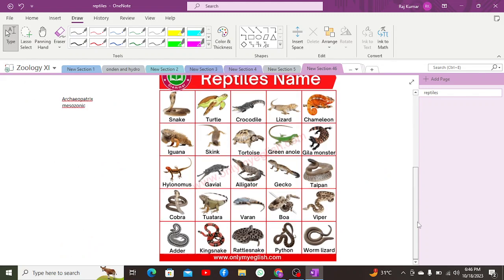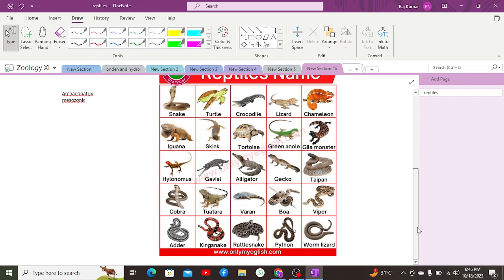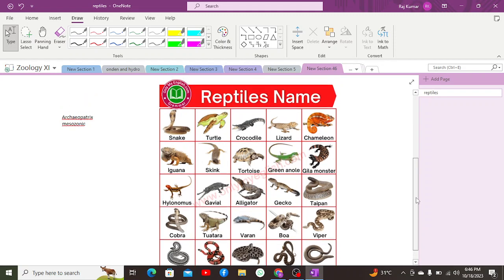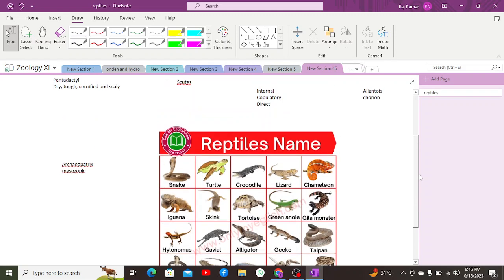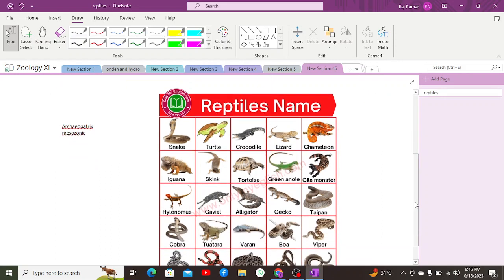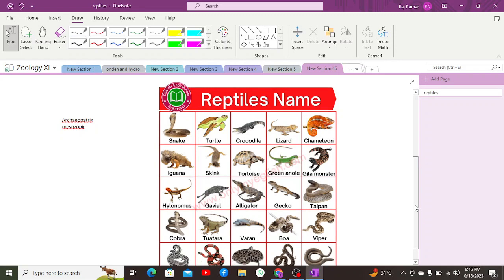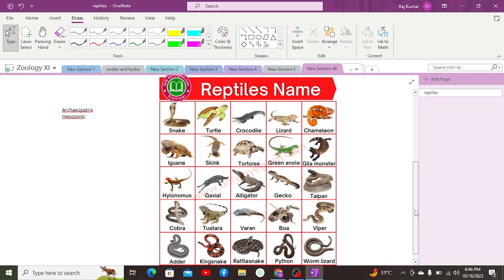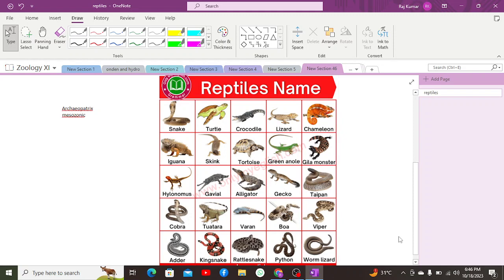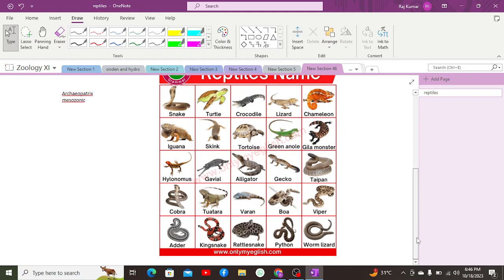For viper, it's Vipera; crocodile, Crocodilus; wall lizard, Hemidactylus; turtle, Chelone; tree lizard, Chamaeleon; tortoise, Testudo; alligator, Alligator; and cobra, Naja. So these are some names.